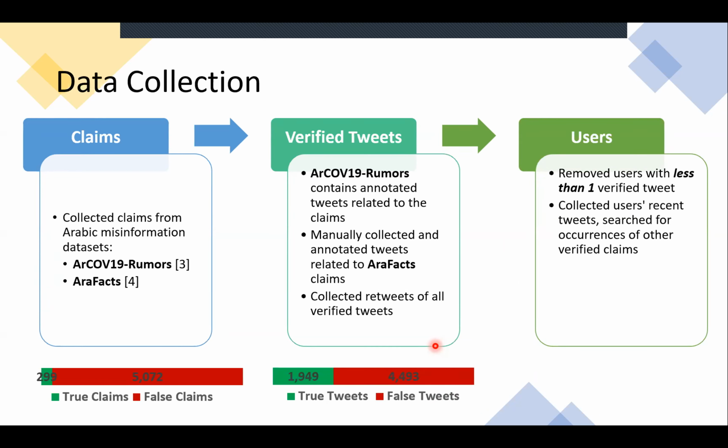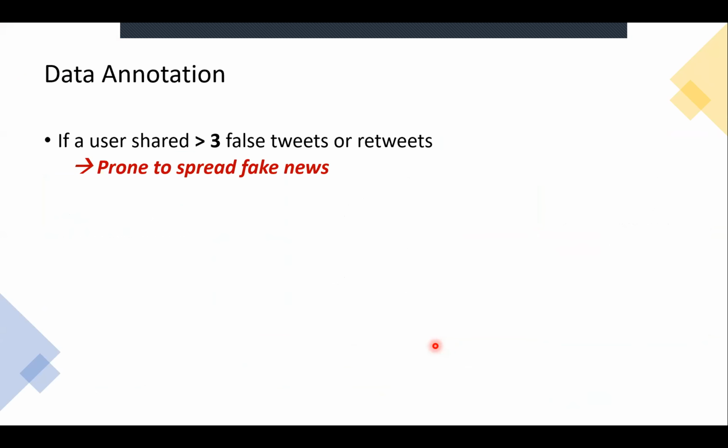We also attempted to collect more evidence from the user timelines. So we searched the user timeline for more tweets to find occurrences of verified claims. In total, we have 4,176 unique users.